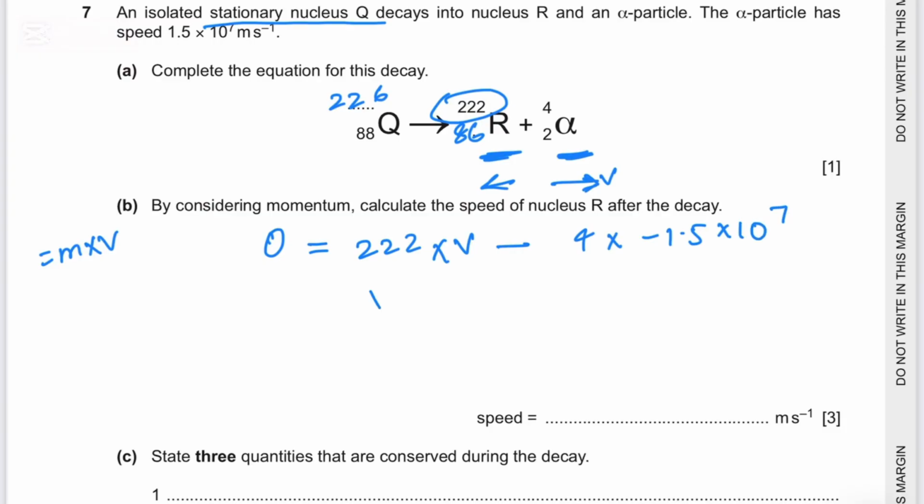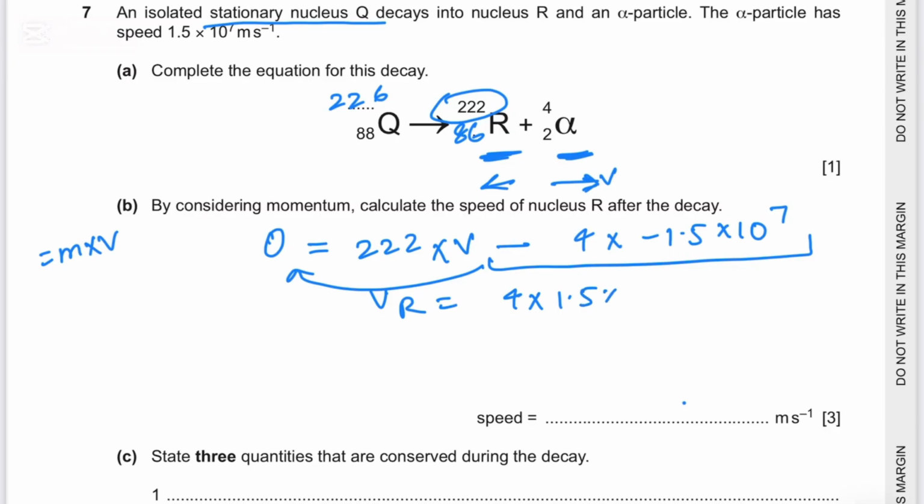In other words, velocity of R is equal to, you would shift this product to the left hand side, so it would change signs from negative to positive, and this will give you the speed that you need to find out, which is 2.7 times 10 raised to negative 5 meters per second.